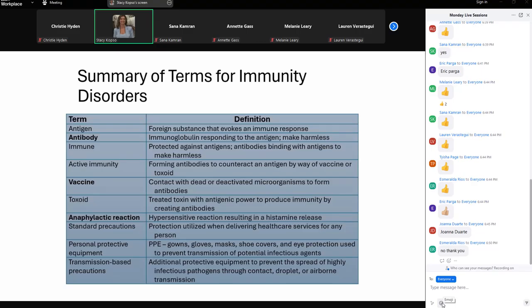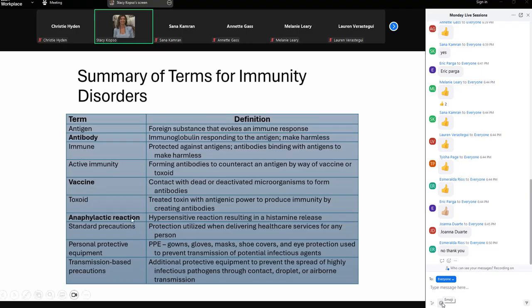Antibodies, that's your immunoglobulin responding to the antigen, okay? Your antigen was your foreign substance that evokes that immune response. Your vaccine is when they put you into contact with dead or deactivated microorganisms to form antibodies for that.